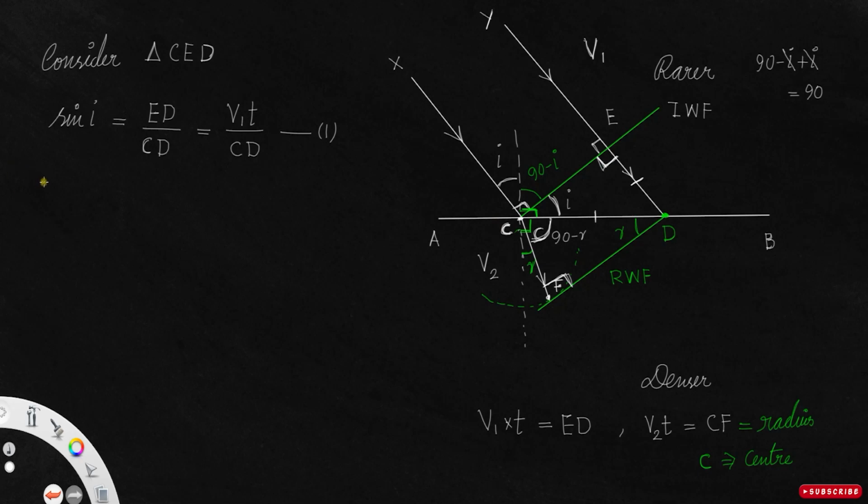Now consider triangle CFD. This is actually F. Okay, F is here. It is hidden inside this 90 degree. So consider this triangle CFD.